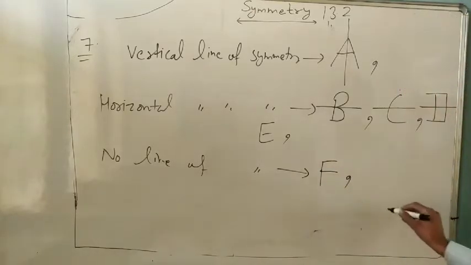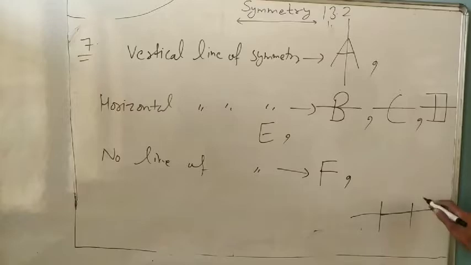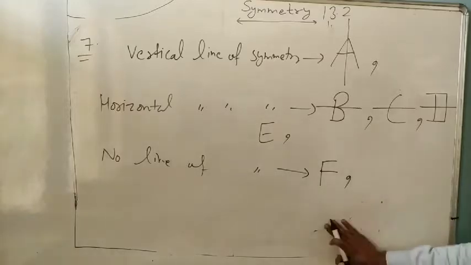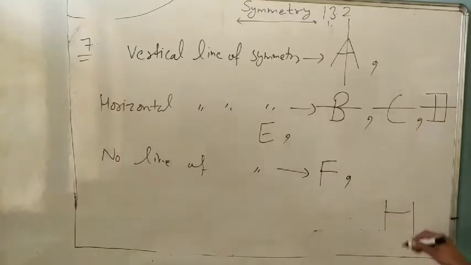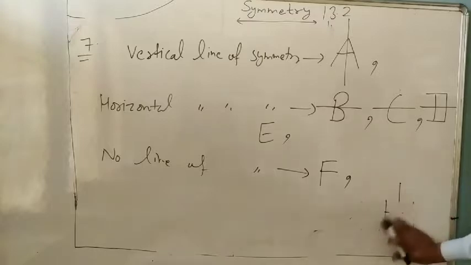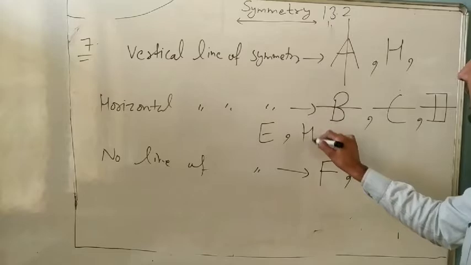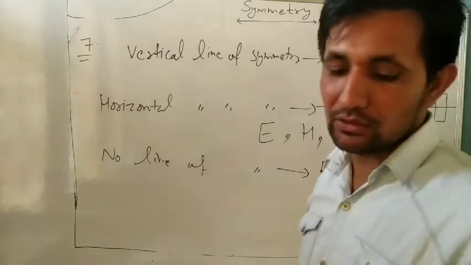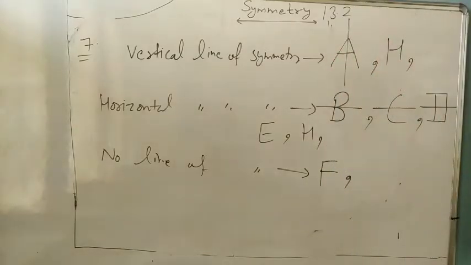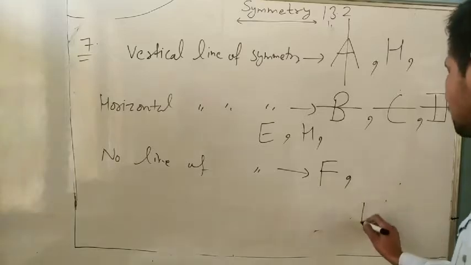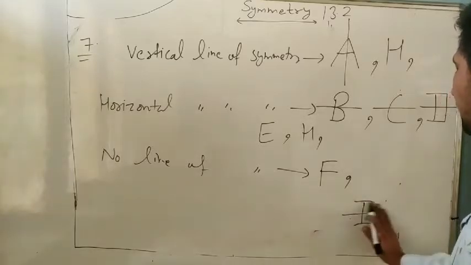Same as it is. Tell me H. Is H vertical or horizontal? If we take this one, it will cover. Next, if we take this one, it is also. So it means in H both horizontal and vertical. Now G, I. I is horizontal.